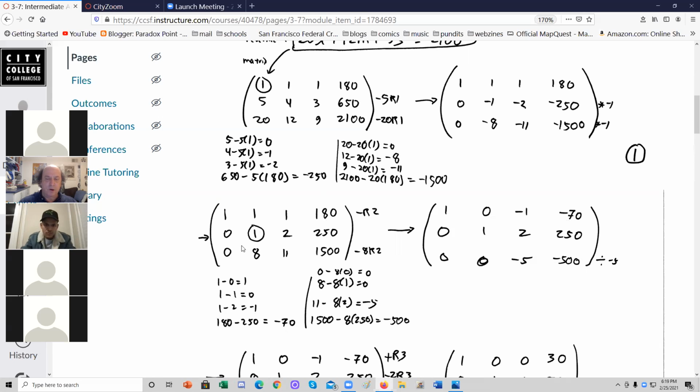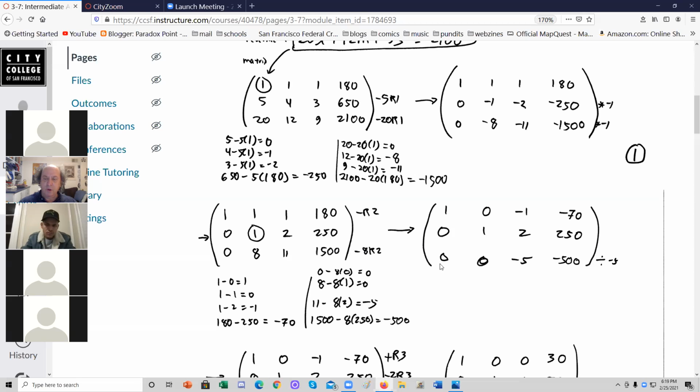For the third row, 0 minus 8 times 0 is a 0, put a 0 there. 8 minus 8 times 1 is a 0, put a 0 there. 11 minus 8 times 2 is a negative 5, put a negative 5 there. And 1500 minus 8 times 250 is a negative 500, put a negative 500 there.